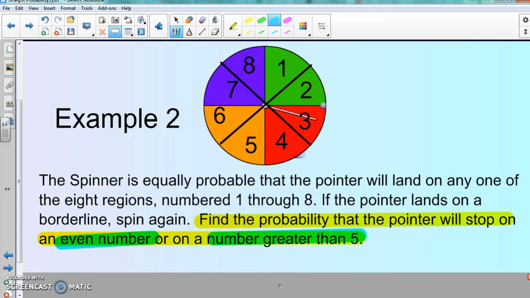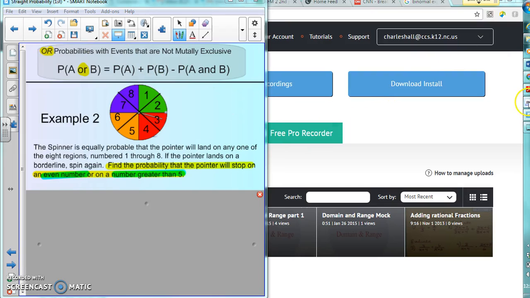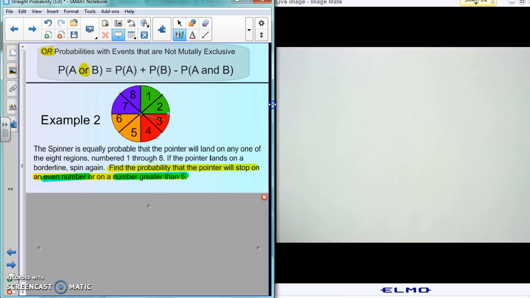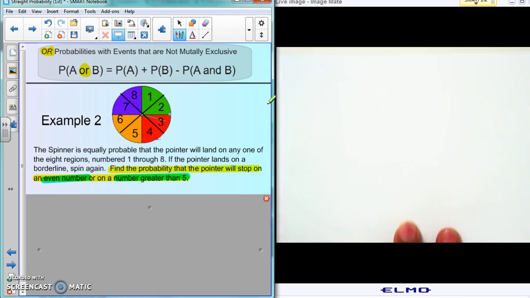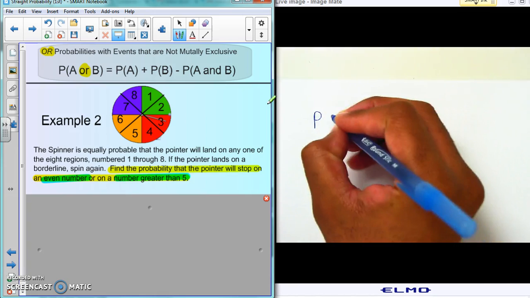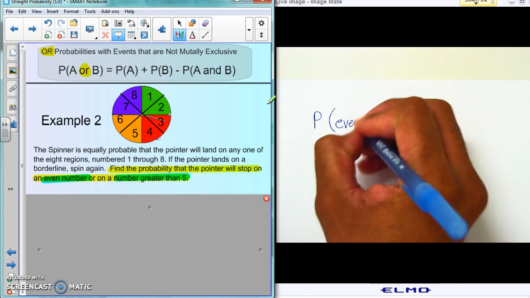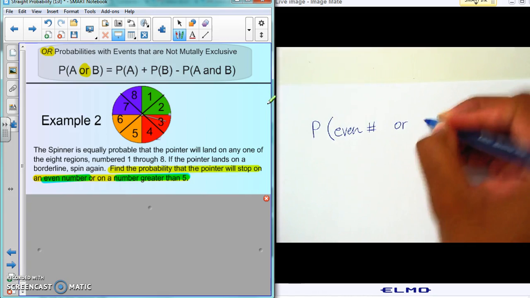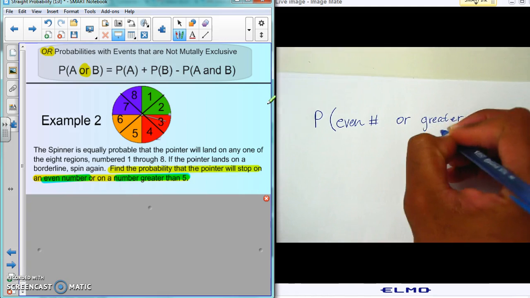So when we do this problem here, and let me pull my Elmo back up, we're trying to find the probability of an event of an even number happening or a number greater than 5.